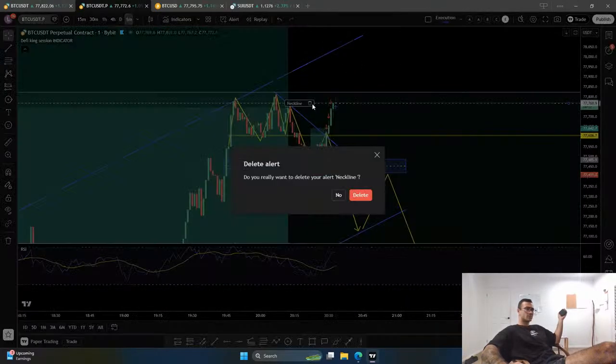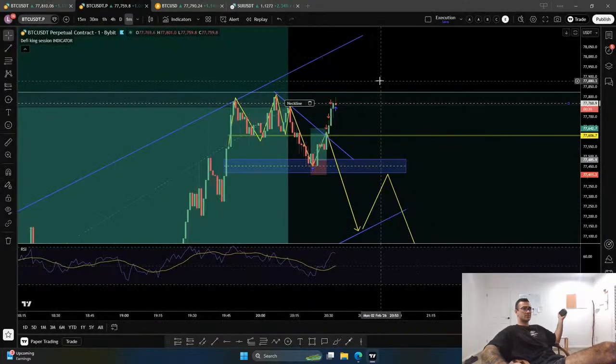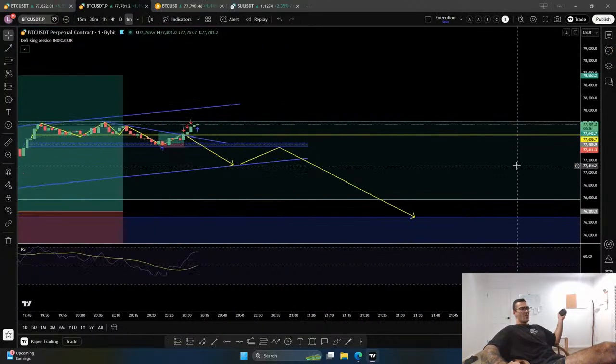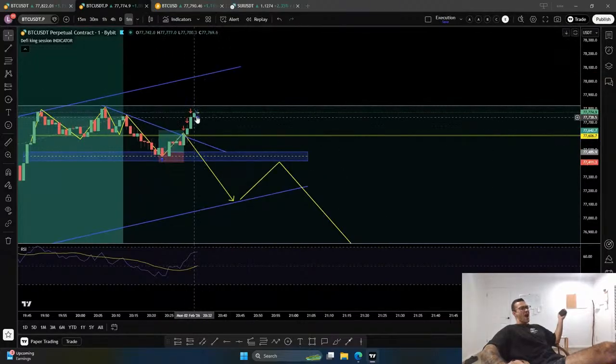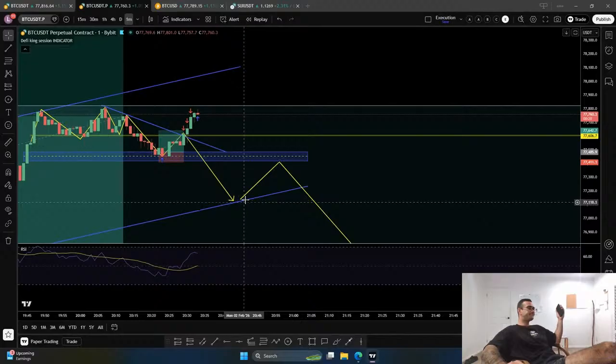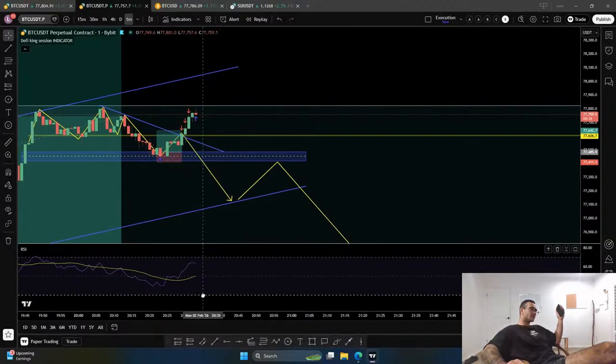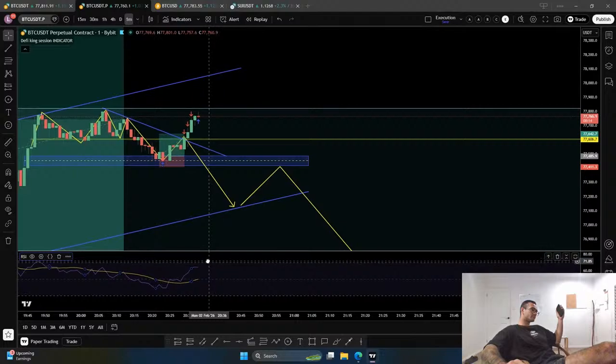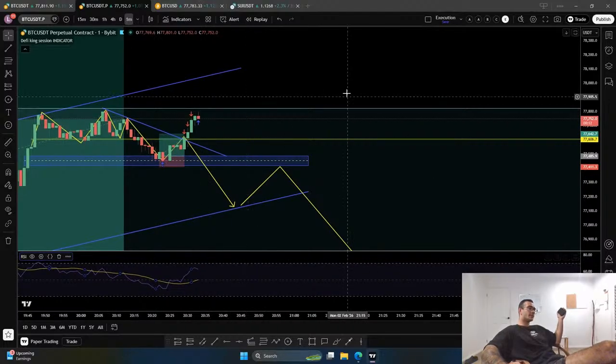I'm also going to turn this neckline off so I can sleep tonight. Look, I'm going to leave it like that. Price could still potentially move in this direction. The RSI is saying that it is quite high.